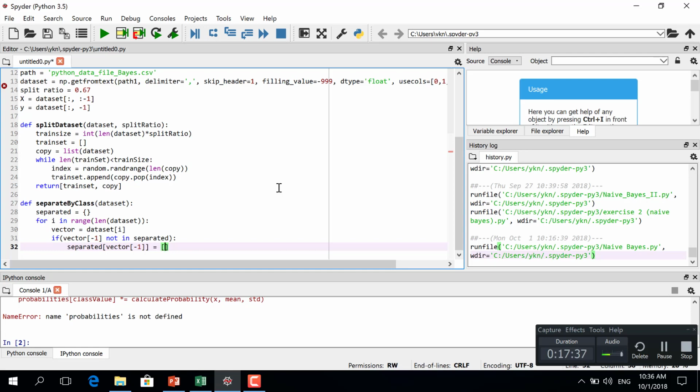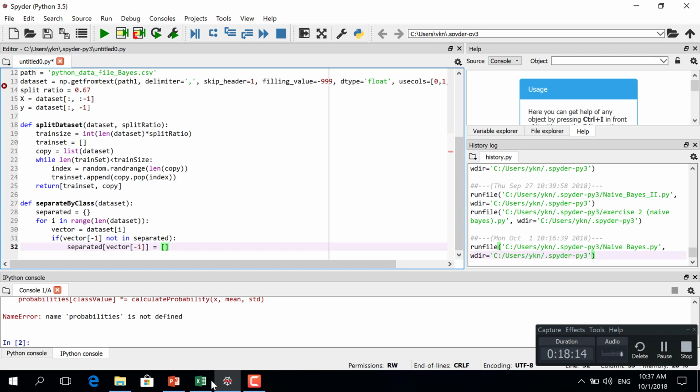If, for instance, the factor -1 of the dependent variable is not in separated, then the separated factor of -1 means this factor in the last column of the table. It is equal to 0, meaning it is not included in the computation.